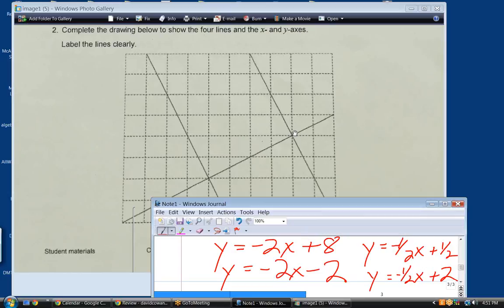And in terms of what this equation is, none of them have the same y-intercepts.